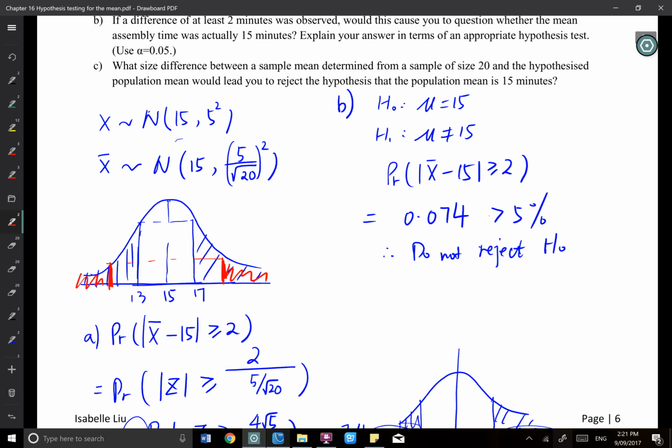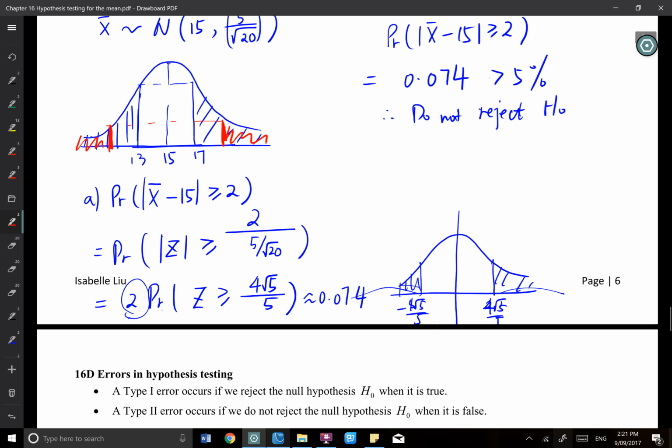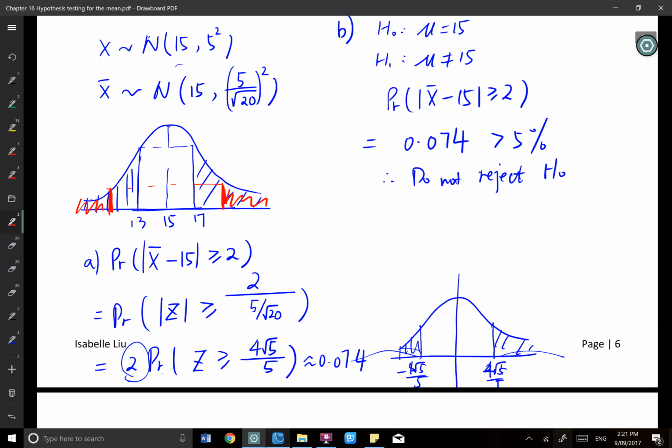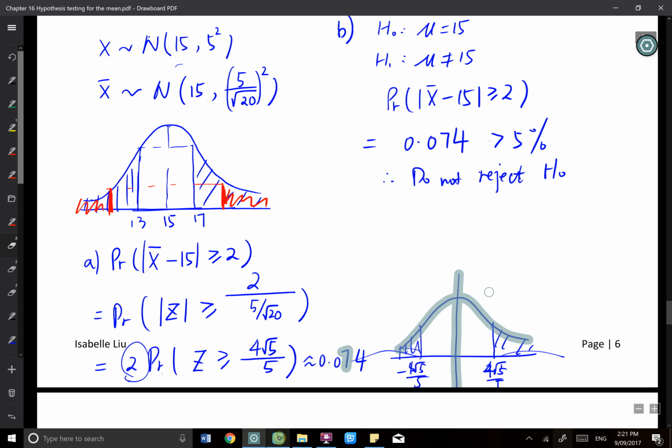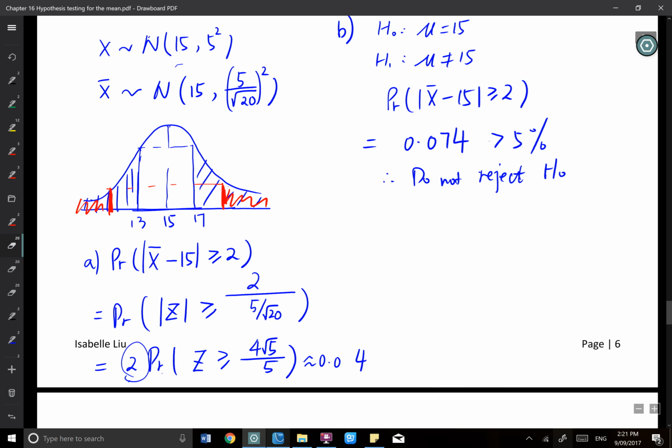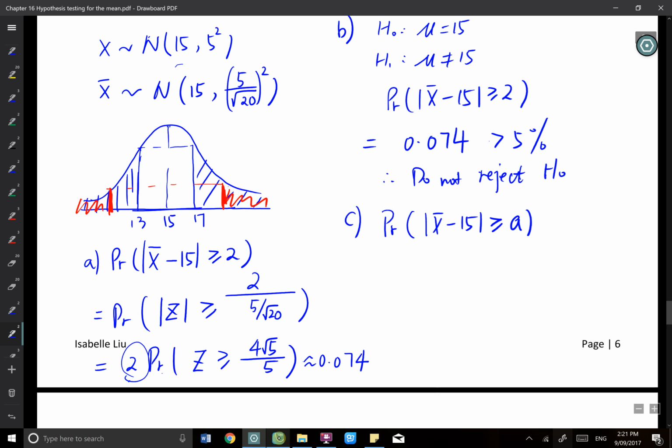So what I'm looking for is the probability of x bar minus 15 being greater or equal to a particular value A that gives me just 5%.